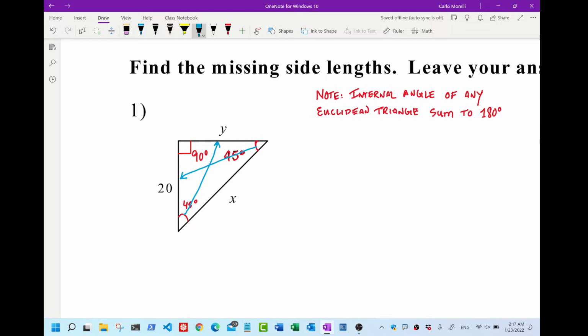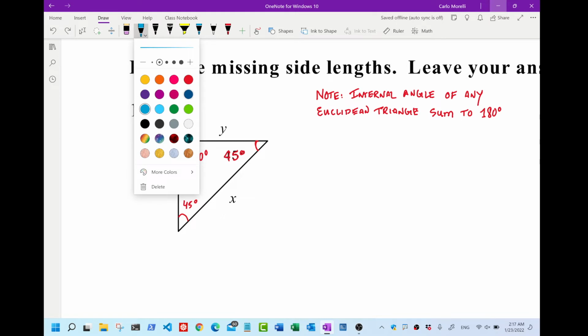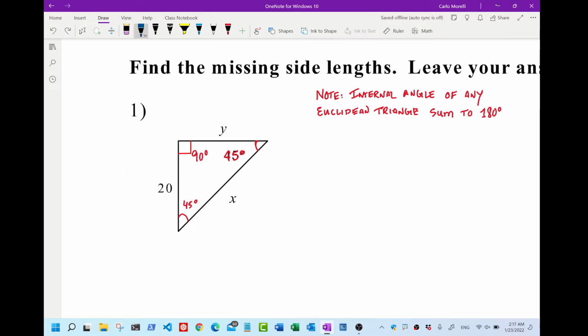So if this is 20, then y also equals 20. Right? So that's the thought process. You can just say that. You can claim it. So we already know one of the answers is going to be 20, and that's going to be what y is. Okay, so y equals 20.